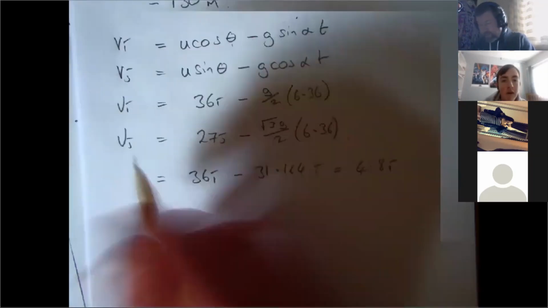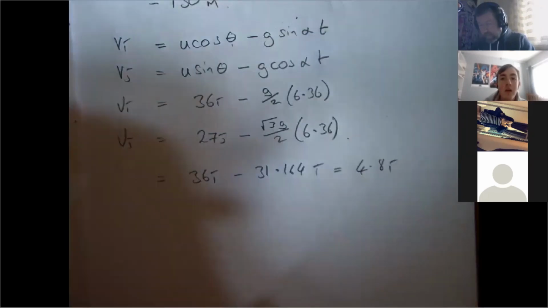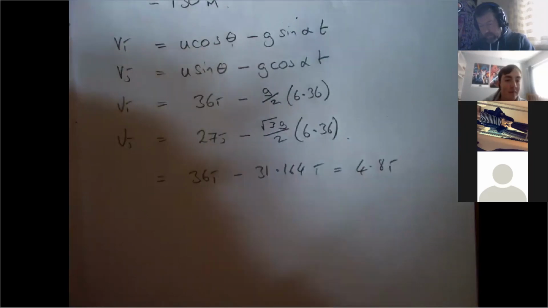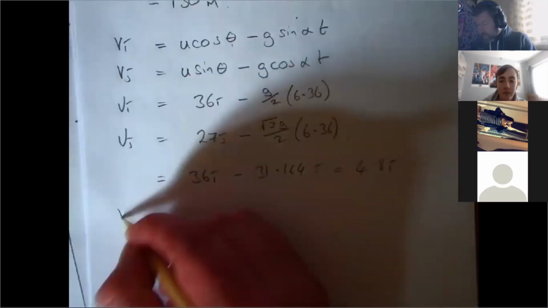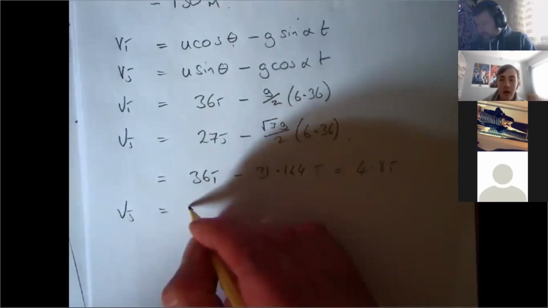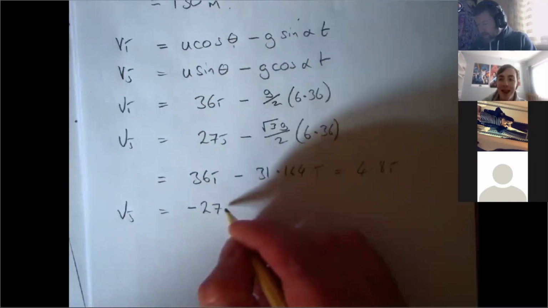And the VJ is 27, minus root 3 times 9.8 divided by 2 times 6.36, which is 53, plus 27. So the VJ is equal to minus 27 meters per second.